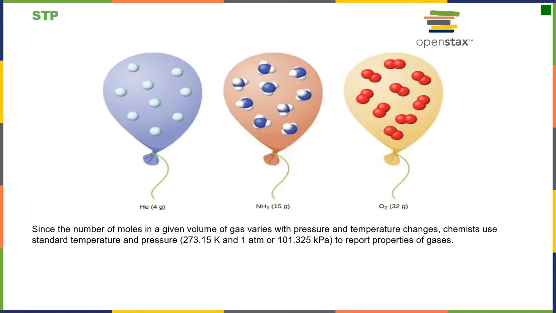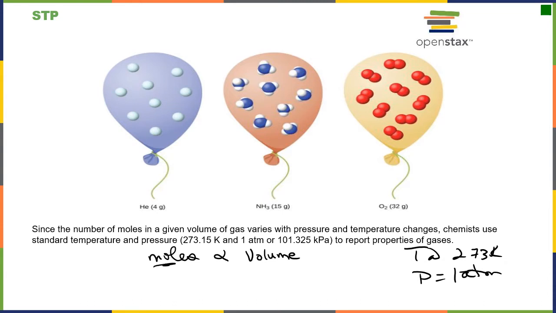So STP, well, why do we use it? We use it because we know that moles are going to be directly proportional to volume. And if we hold some other things constant, for example, temperature at 273 Kelvin and a pressure at 1 atm, this is going to allow us to directly compare moles and volume. So if I have 1 mole of helium, which weighs 4 grams, it's going to have a volume of 22.4 liters.